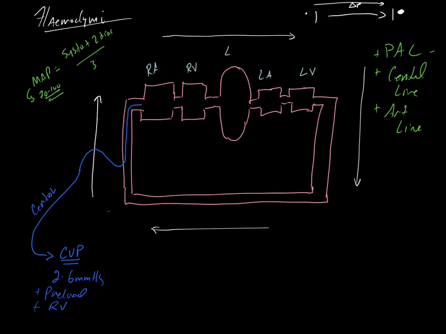So in general, a very low CVP tells us what? Okay, so it could be a fluid volume status, a volume problem, or it could also be a container problem as well.